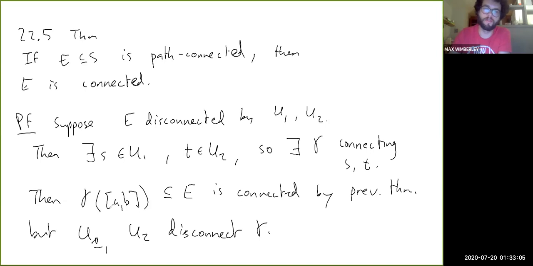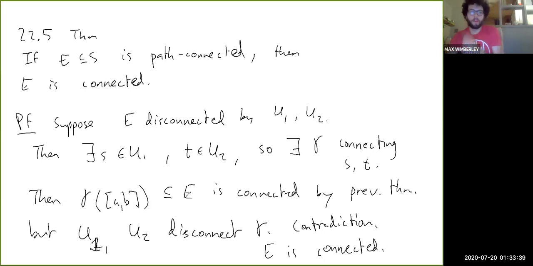If you go through all the pieces of the definition of disconnecting, you'll find that you can show that U1 and U2 disconnect gamma. It's almost trivial, but maybe go through verifying that yourself. This shouldn't be possible, so this is a contradiction.